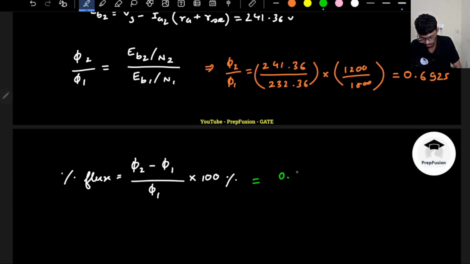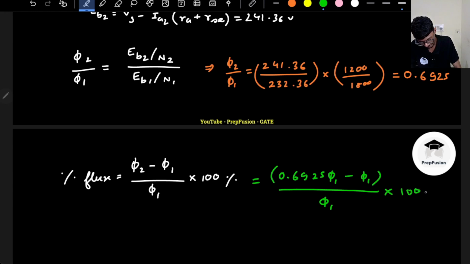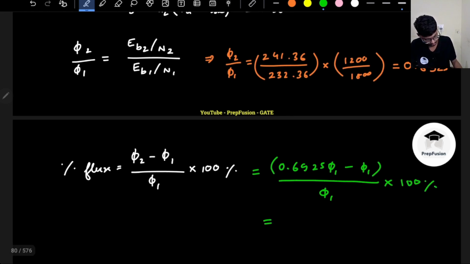So it will be 0.6925 phi 1 minus phi 1, divided by phi 1, into 100%.